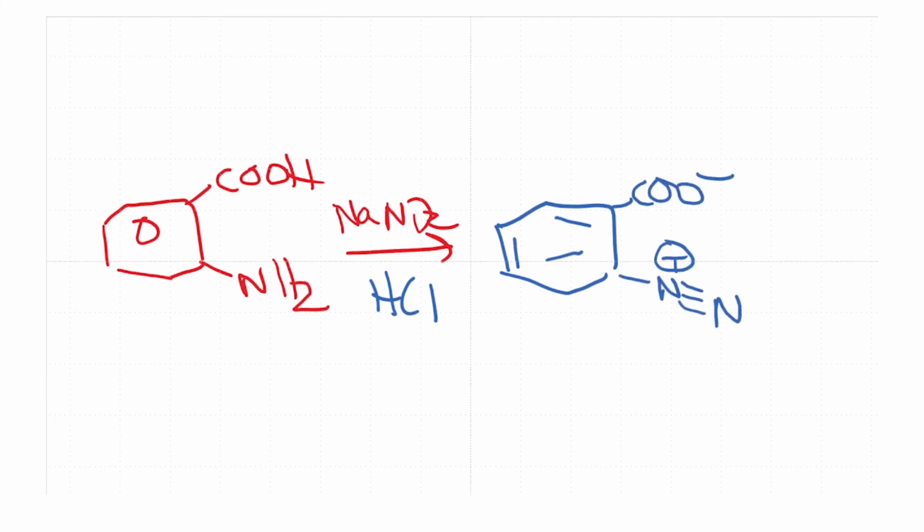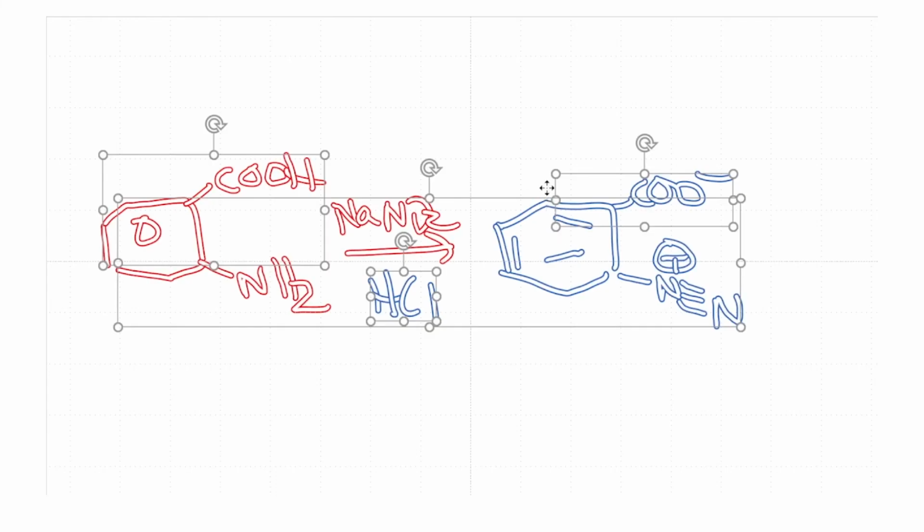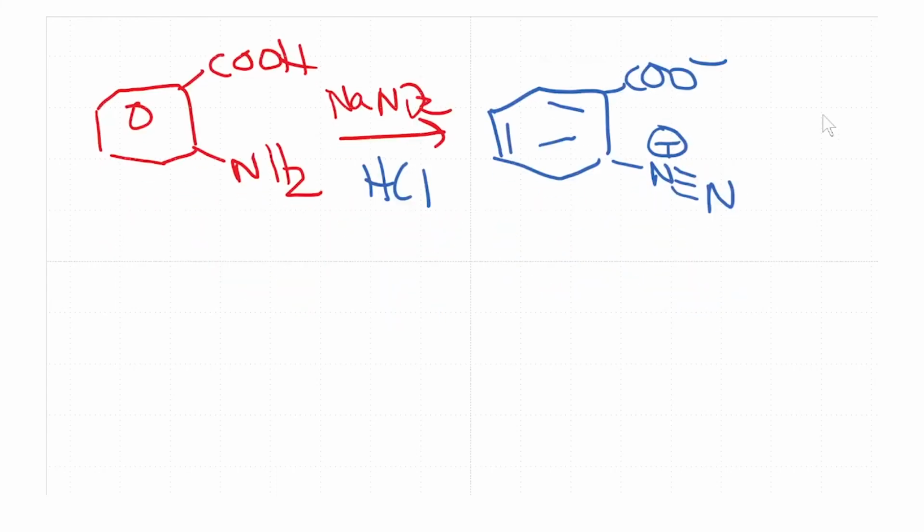If you generate this under the appropriate conditions, then you could add base, OH minus, and what it does is it converts this carboxylic acid to the COO minus.